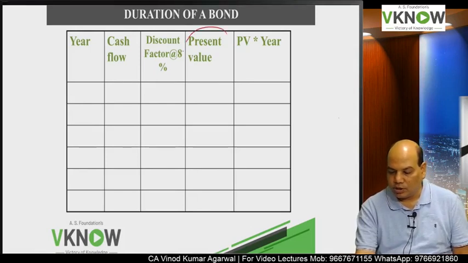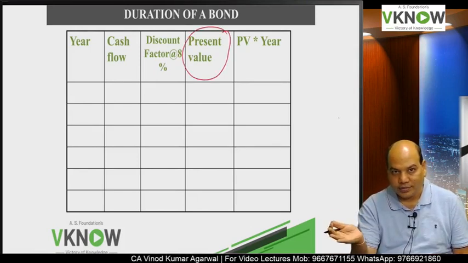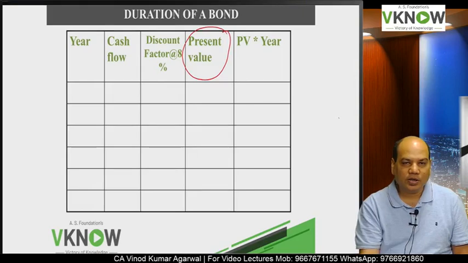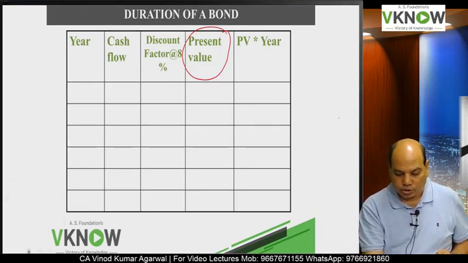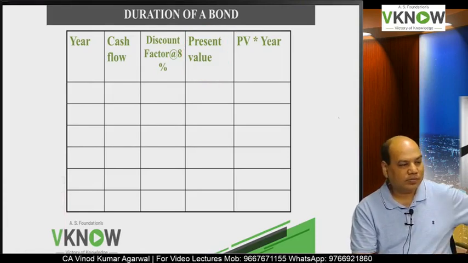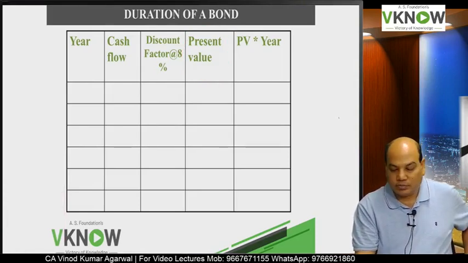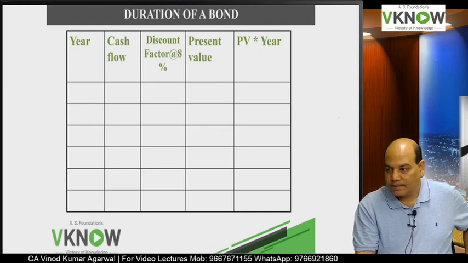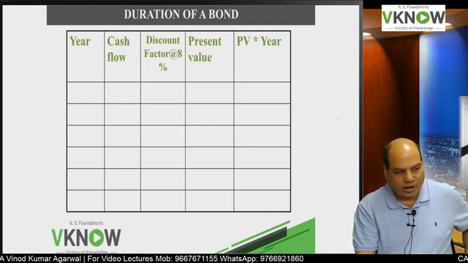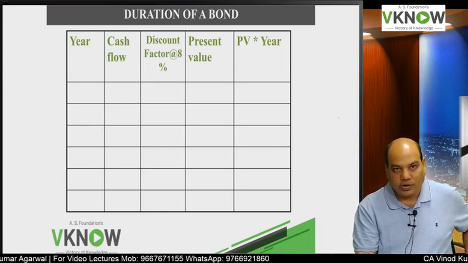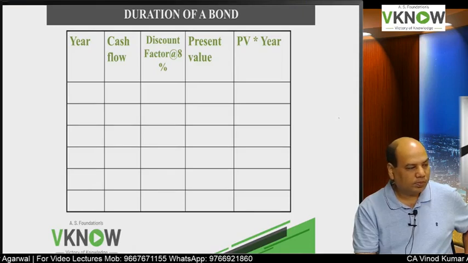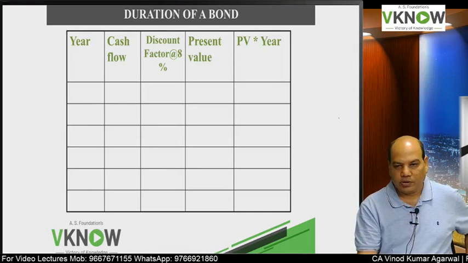Otherwise you can convert present value into weights and then multiply by year. That takes a little more time, and time is the most important resource in the exam that we have. Right, year, cash flow, discounting factor at 8%, present value, present value into year.